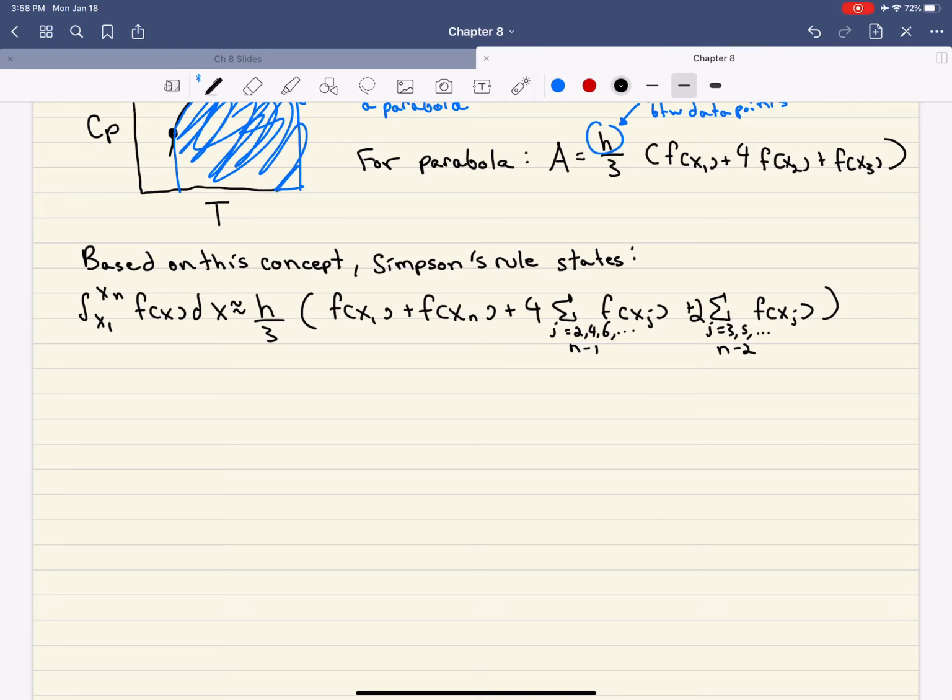That's the final function for Simpson's Rule.